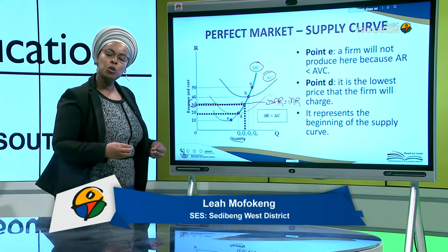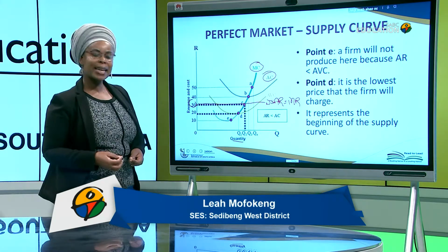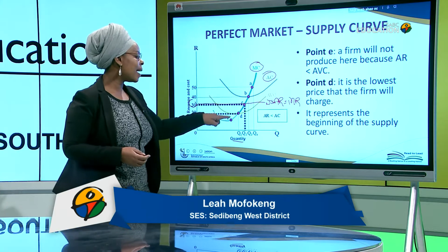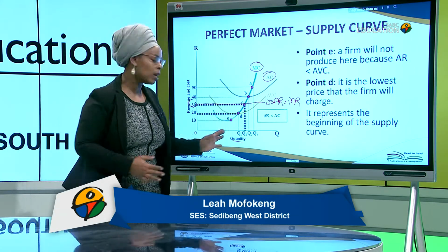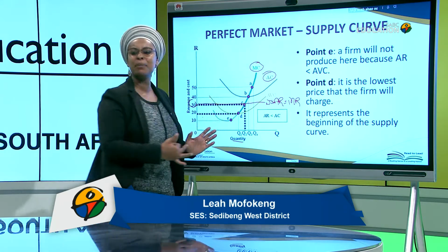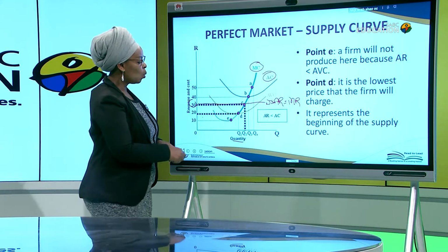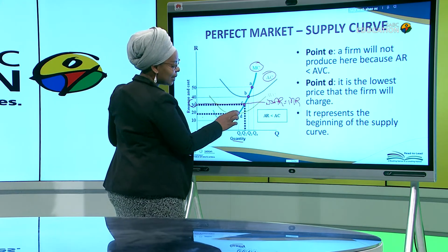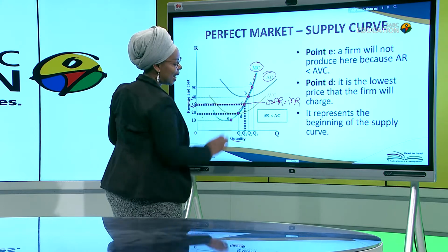So we want to know what exactly is the supply curve. The supply curve is represented by the MC curve, but not all the portion or the whole part of the MC curve is the supply curve. No, the supply curve will start above point D. It is represented by this solid line.